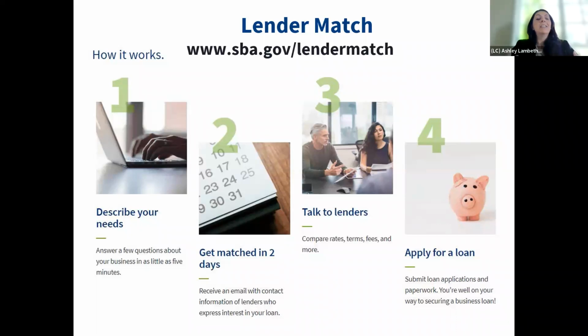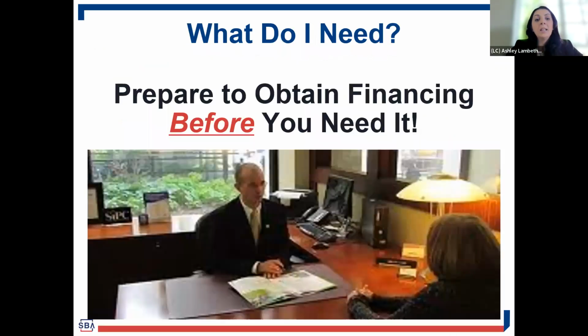So make sure that you feel that this is a good match for you, because as much as you think that they're basically filtering you, you also want to make sure that you're filtering through them as well, of who's going to be the best match for you and your business, right? And then you can go through and apply for the loan.